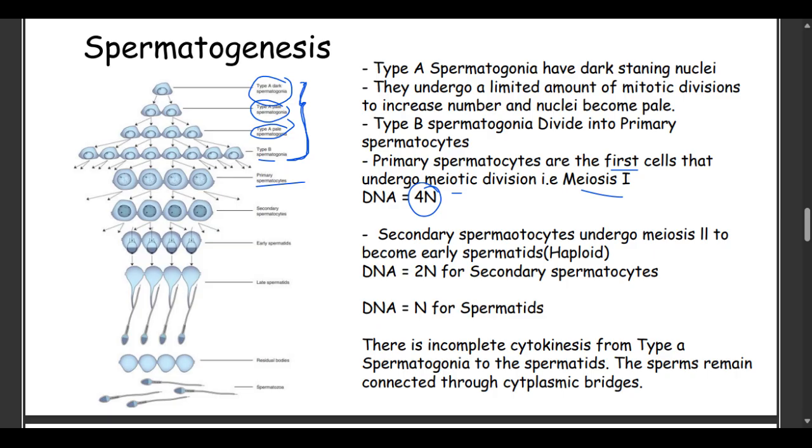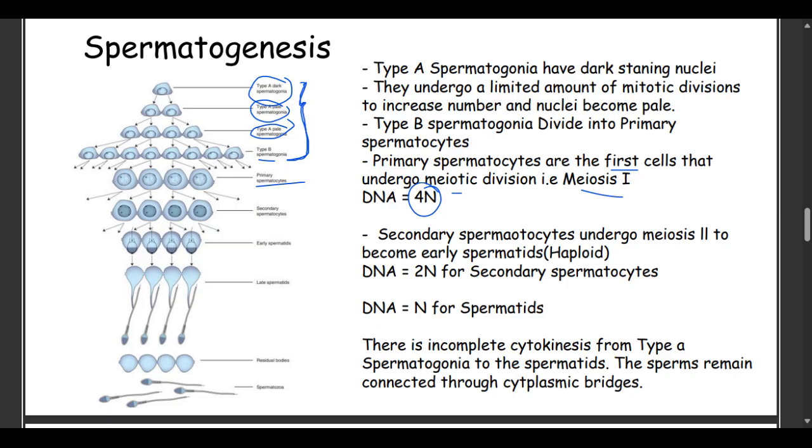What's the best way to describe haploid? It's half the normal chromosome number. A diploid is the full chromosome set in a somatic cell, while a haploid is half that set.